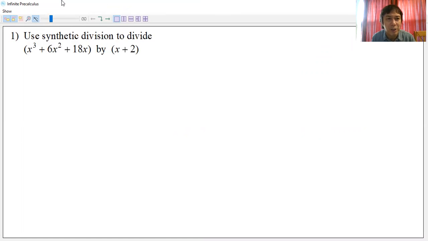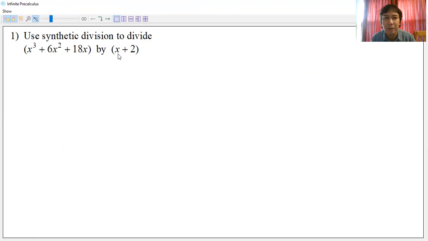Use synthetic division to divide. We have the long polynomial there, x cubed plus 6x squared plus 18x, by x plus 2. In synthetic division, the divisor is usually a linear expression. You can see this is first degree x.